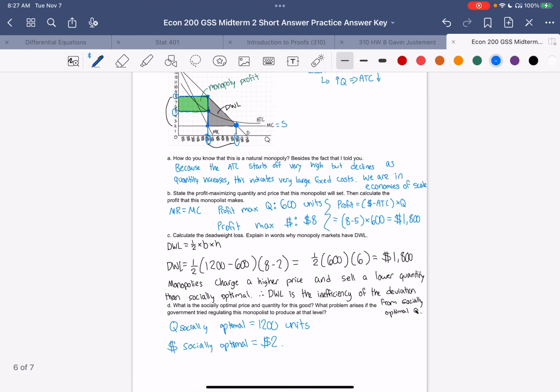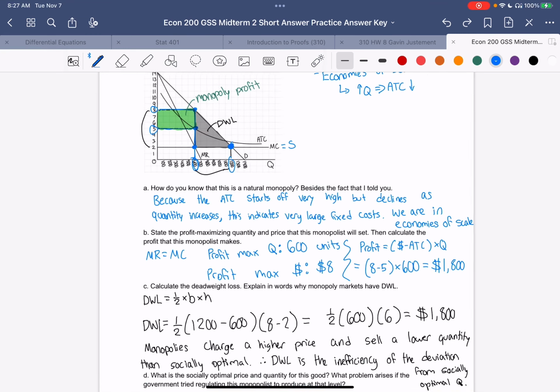So now we have the second part of the problem. What problem arises if the government tried regulating this monopolist to produce at that level? So what if the government comes in and says, hey, we're setting a price ceiling or some other policy you have to produce at this level. So the government makes the firm produce at that level.